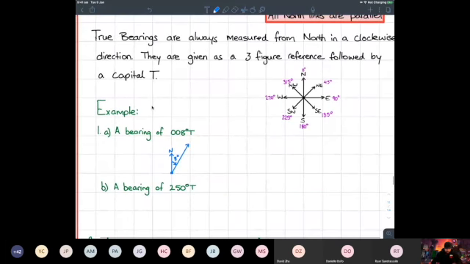If I look at question B, a diagram of a bearing of 250 degrees T, straight away my mind starts to think, well, 250 degrees, that's close to 270 degrees. Hopefully you all agree with that. And because 250 is closer to 270, if I think about the compass rose, it kind of lives in my southwest area.